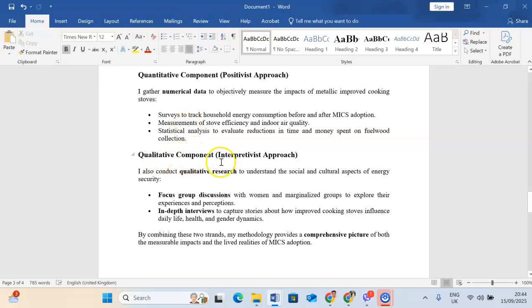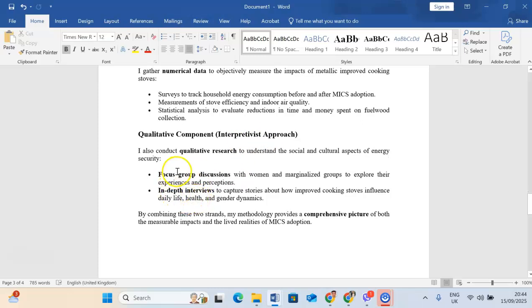And the qualitative component, or interpretive-based approach, was more on the why and how part, all about exploring their lived experiences. What do they mean? What do they understand?